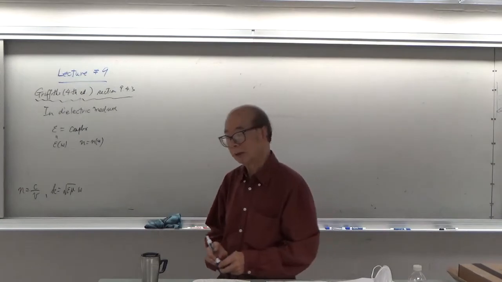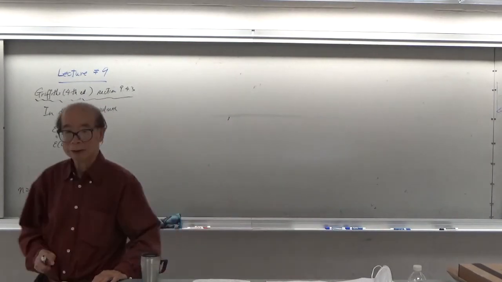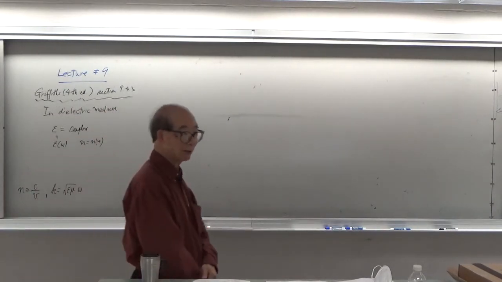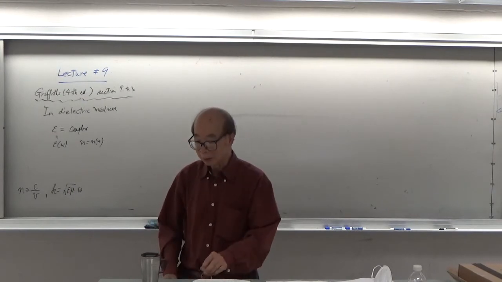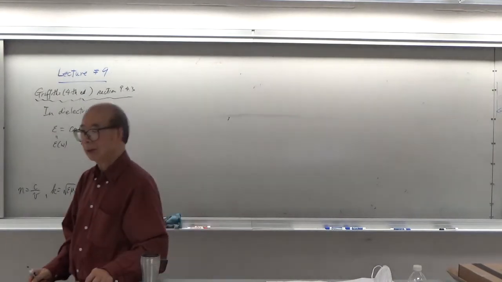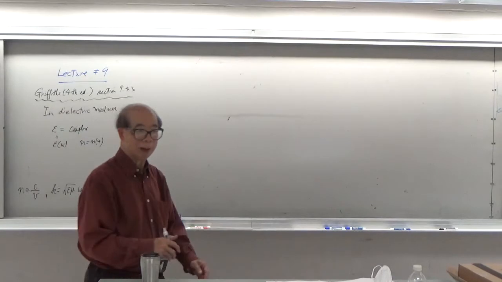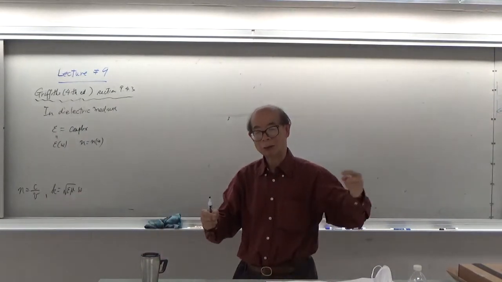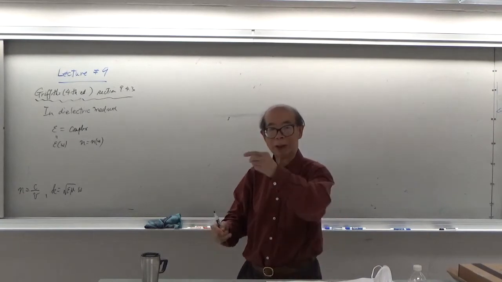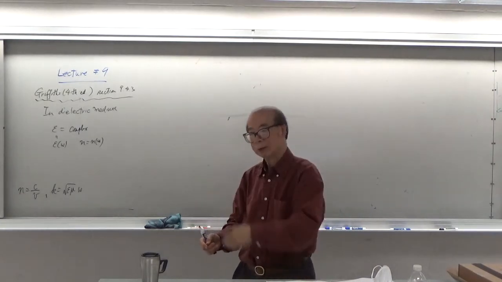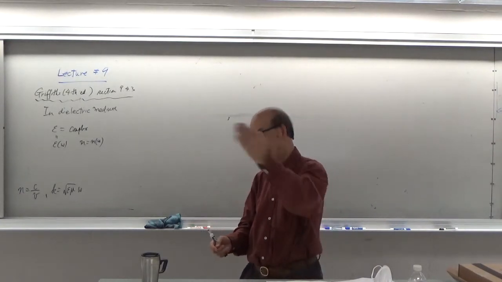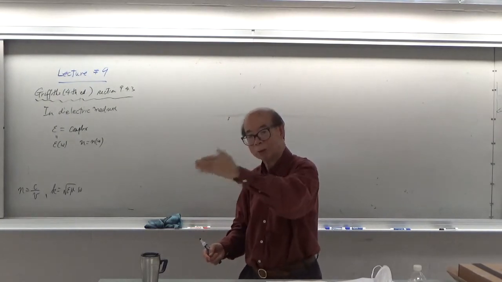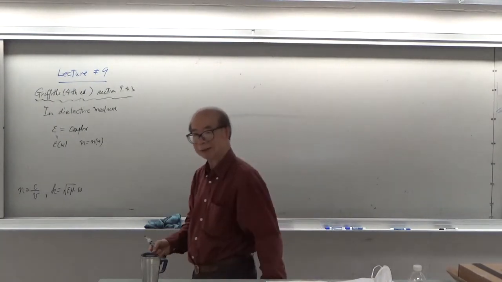That the index of refraction depends on frequency should come as no surprise. After all, you recall the famous demonstration by Isaac Newton, who used a prism to show that, in fact, blue light got bent more than red light.